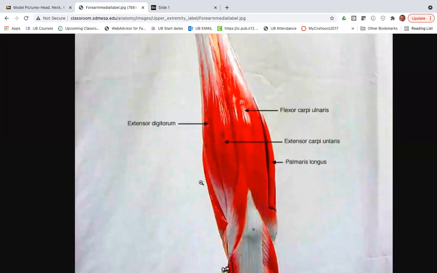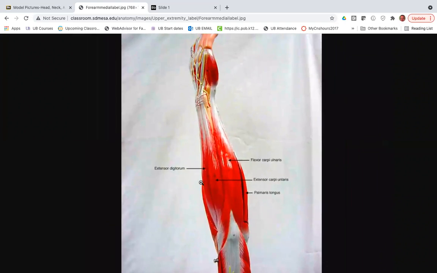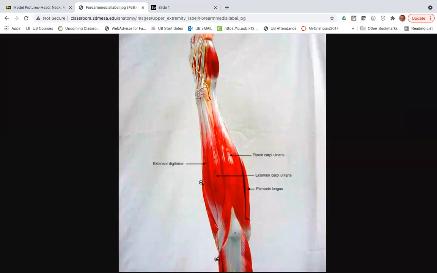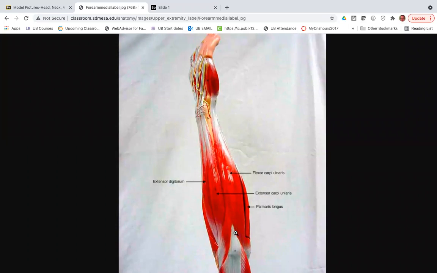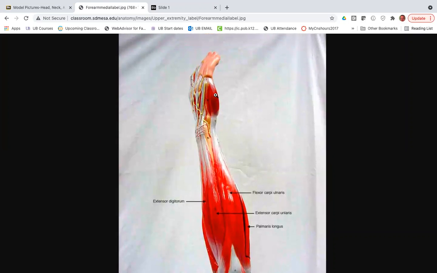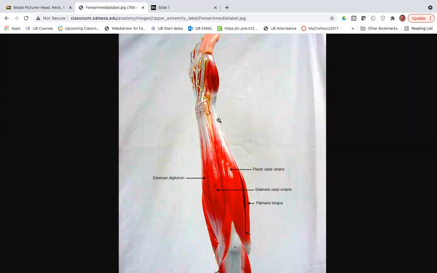Now, let's take a look at this really nice picture. Here's the olecranon process of the elbow, here's the palm of the hand, and here's the pinky. So we're seeing a little bit of the anterior forearm and a little bit of the posterior forearm.